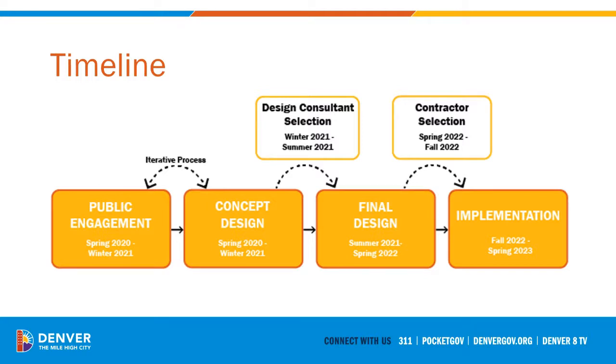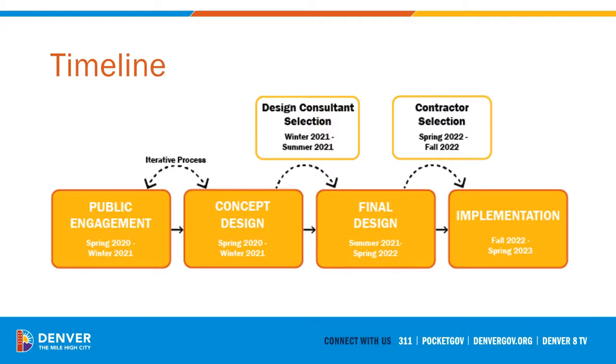So the plan is that concept design will extend up through winter of 2021, and then we will go into a competitive selection process to identify a design consultant who will work with us hand in hand in taking that concept design and helping us then develop the final design and construction documents.